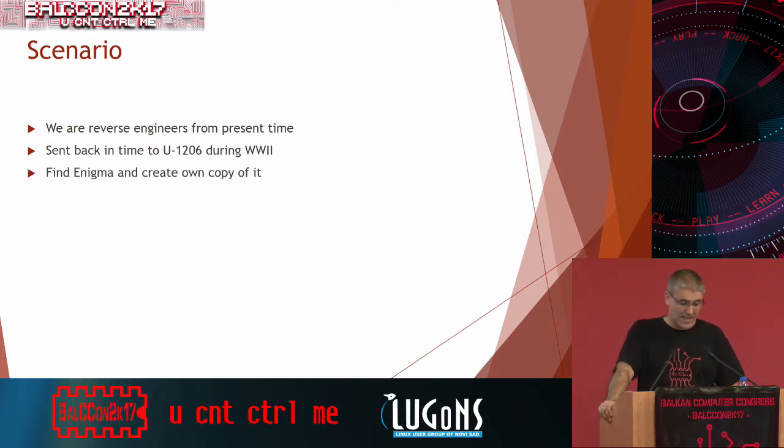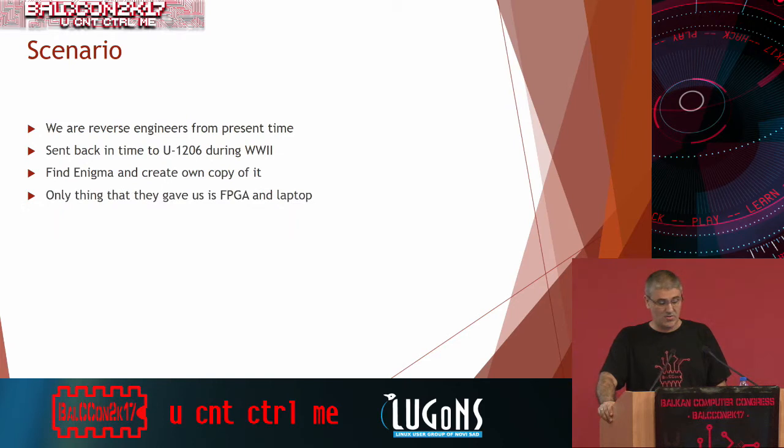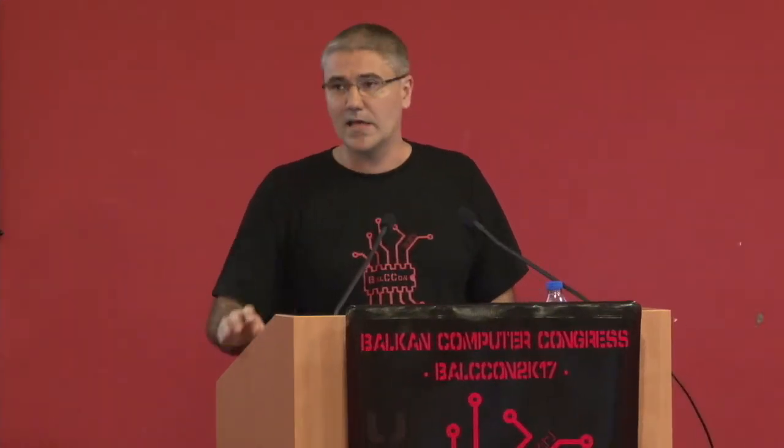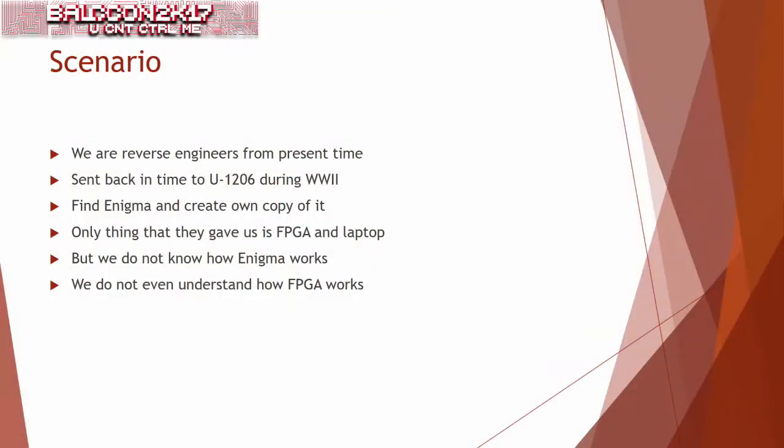What we have to do is find an Enigma machine and create a copy of our own. The only thing they gave us is this little FPGA board and this laptop. So we have to take care of everything ourselves. We don't know how Enigma works, and we don't even know how FPGA works. So we need to learn all of those things, and we have 1 hour to do that.